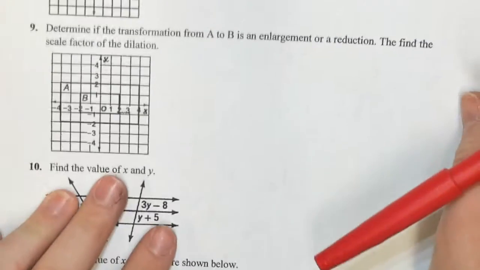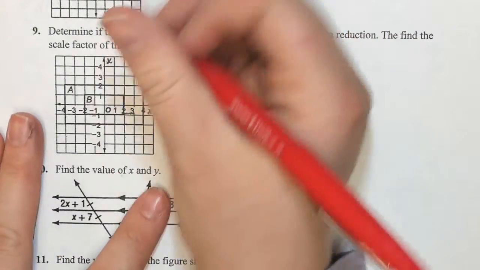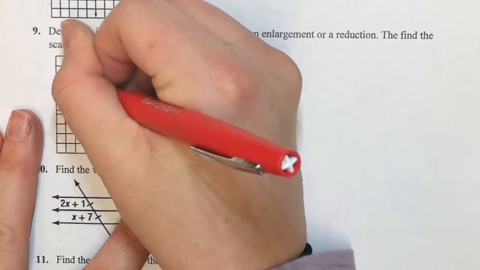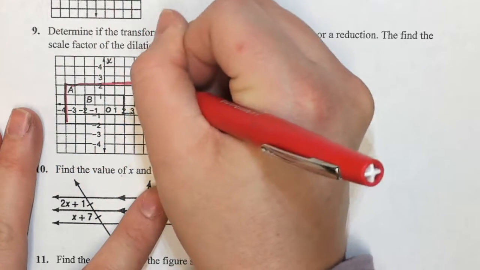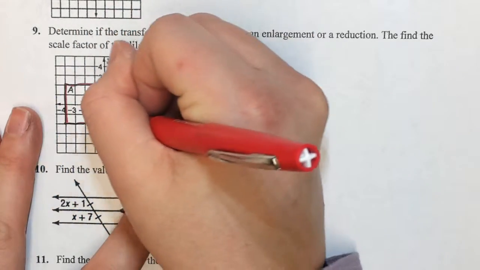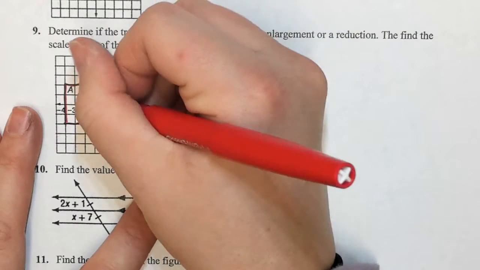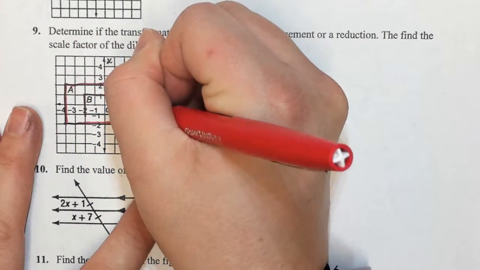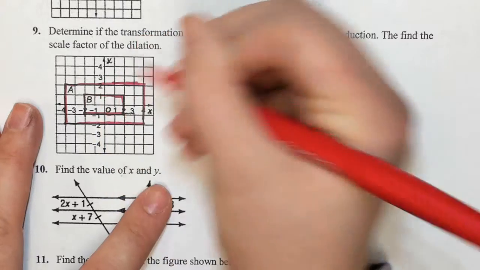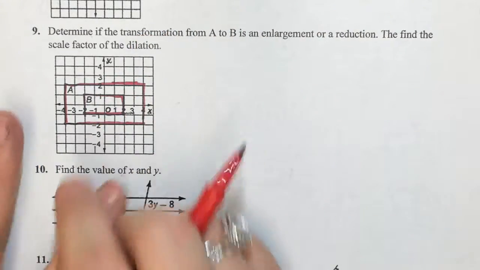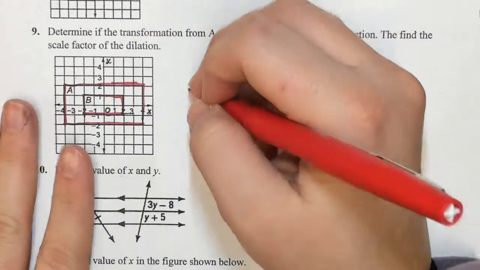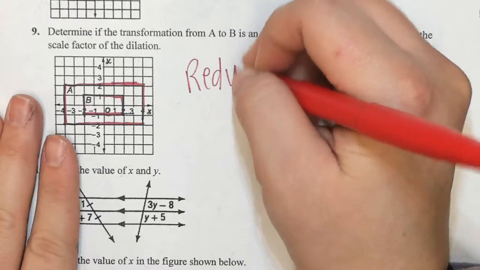All right, next one. Same thing. We're starting with A. It's kind of hard to see it. Here's A. A goes all the way right here. That's A. And then here is B. So if we started with A and went to B, did it get larger or smaller? Smaller, so it's a reduction.